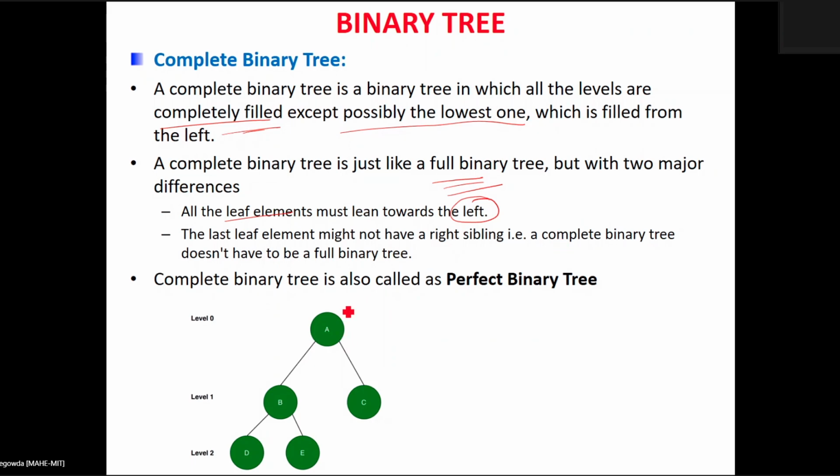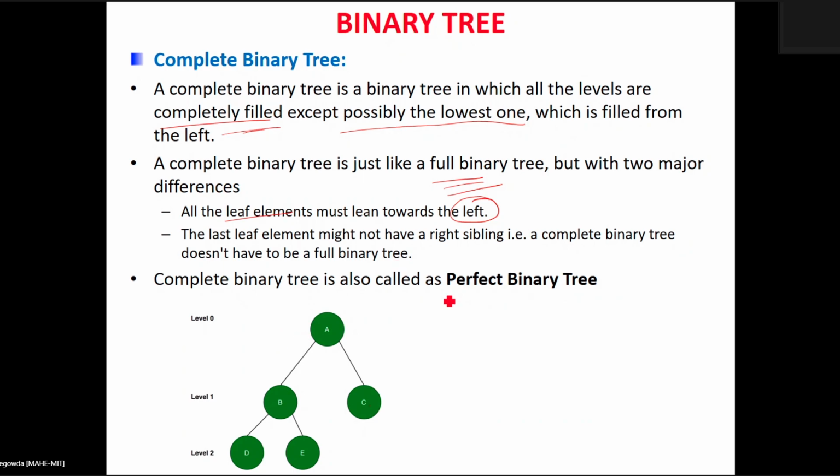If you look at this particular example, this is one of the valid examples of a complete binary tree. A has two children, B and C, and B has D and E. So this is a proper example of a complete binary tree.